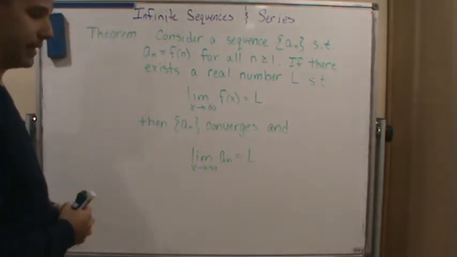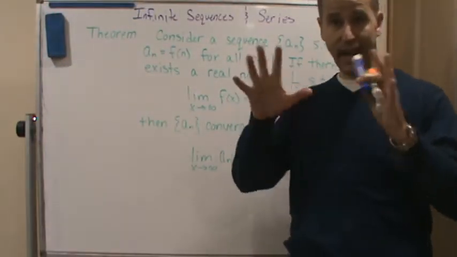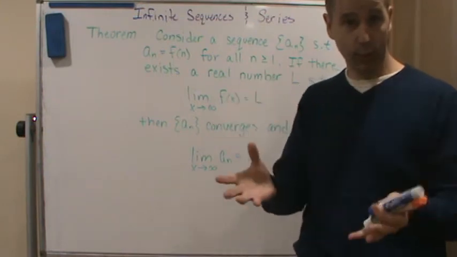So again, if we can take a sequence and we see the nth term, we have that explicit formula.